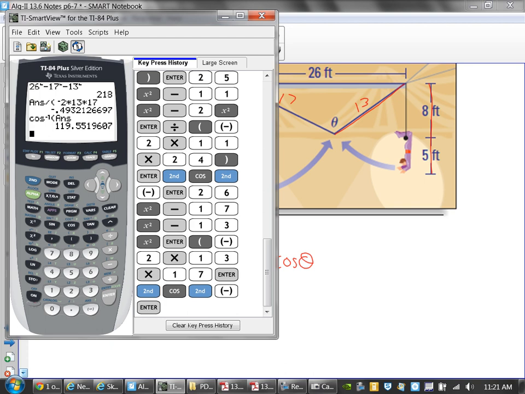That gives 119.55, and there's theta. The whole idea there is you just had to add those two parts together to get the side opposite theta.